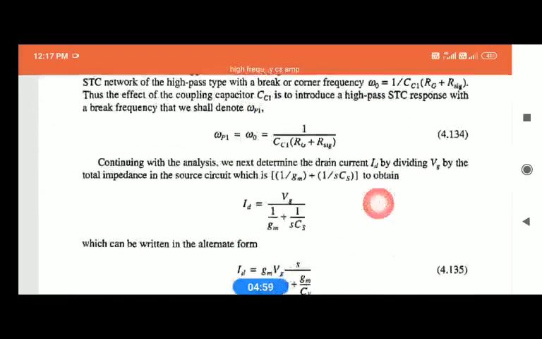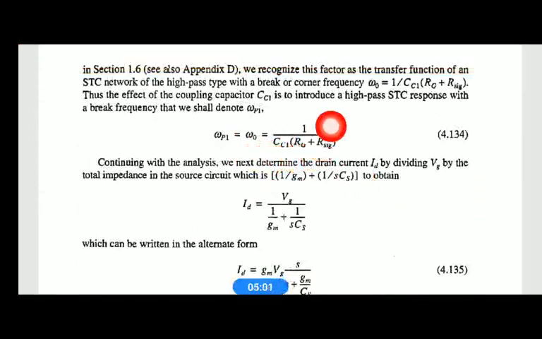This is omega p1, the angular lower cutoff frequency due to the capacitor CC1.